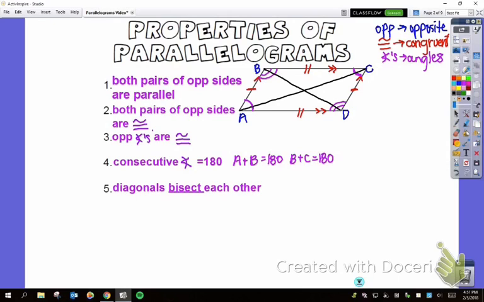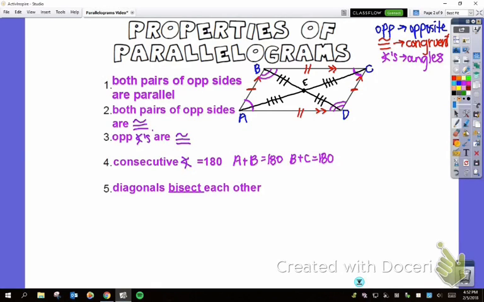So if our diagonals bisect each other, and let's call this point E, we would have BE equal to DE. And then we would also have AE equal to EC. So those are our main properties that we're going to use to solve problems.